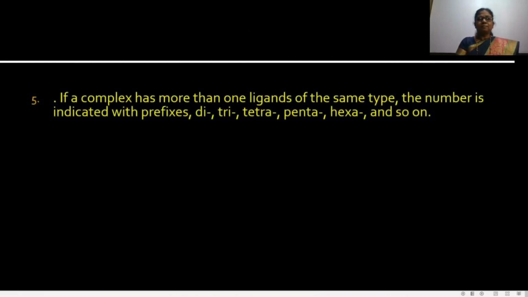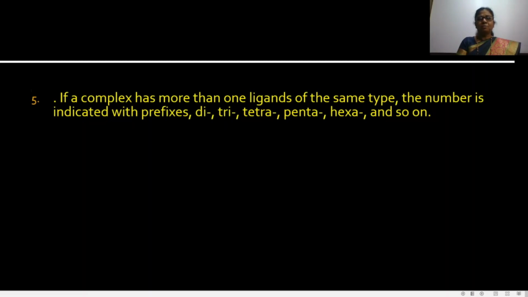Now see the next rule. If a complex has more than one ligand of the same type, the number is indicated with prefixes di, tri, tetra, penta, hexa, and so on.